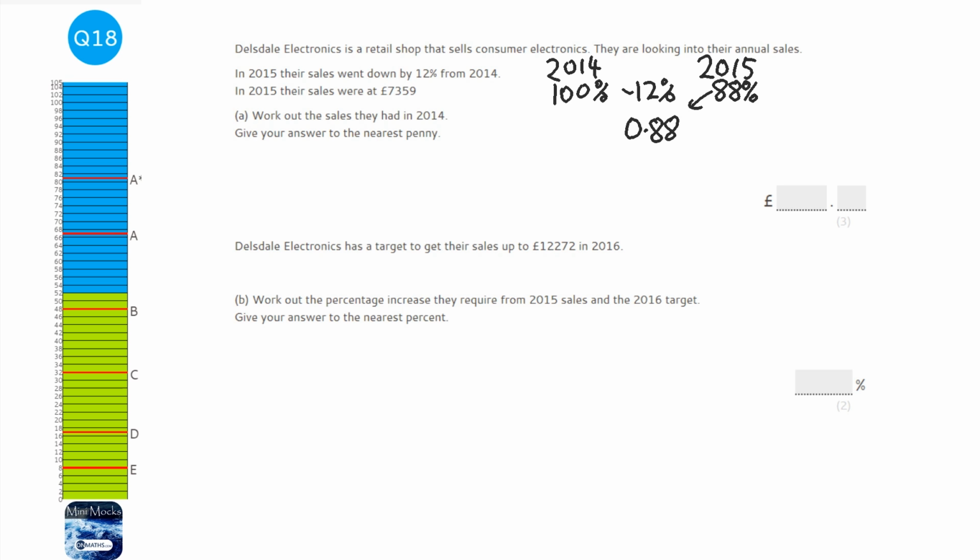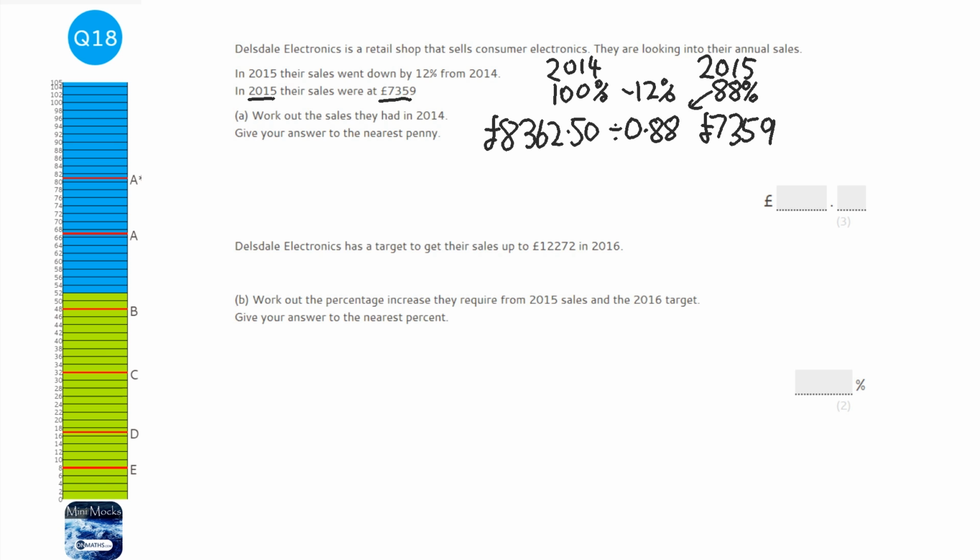But in this question we're given the 2015 sales, so we want to work backwards. So I'll get my calculator: 7,359 divided by 0.88, and that gives me £8,362.50.